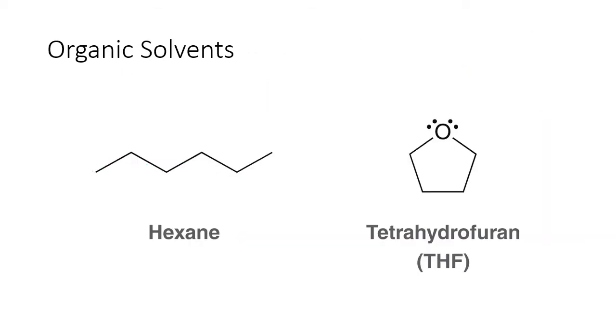If you are working with a very strong base, then you need a solvent that has a very high pKa value. And there are many organic solvents that can be used. So a couple examples here are something like hexane, which is just a straight chain alkane. We have 6 carbons, so the formula would be C6H, and then we would do 2 times our N value plus 2 more, so 14 for the formula.